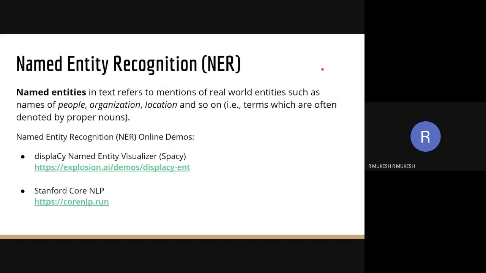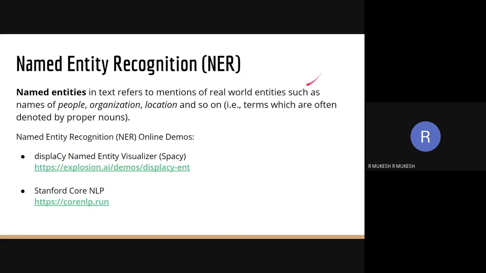The first subtask along that direction is something we call named entity recognition. Named entities in text means any mentions of a real world entity. It could be a reference to people, to organizations such as IIITDM, to places like Chennai, Bombay, or to other things that we want to capture.